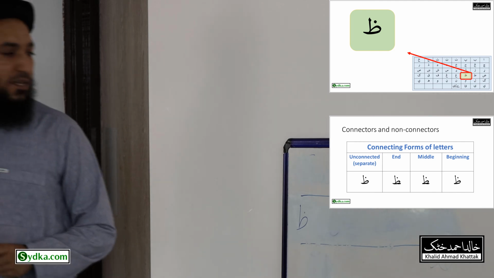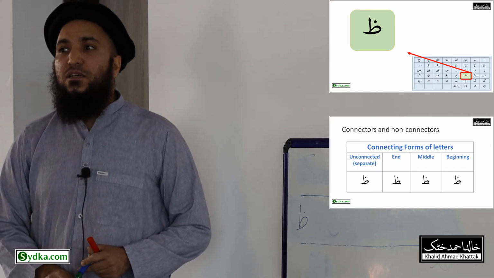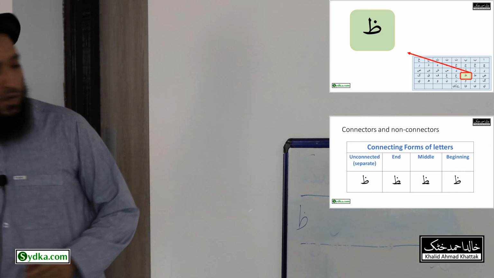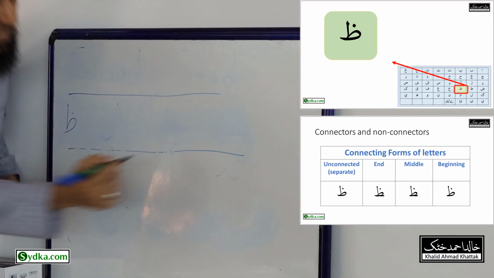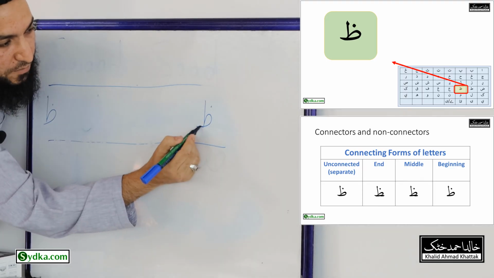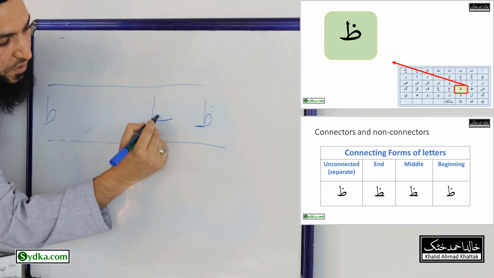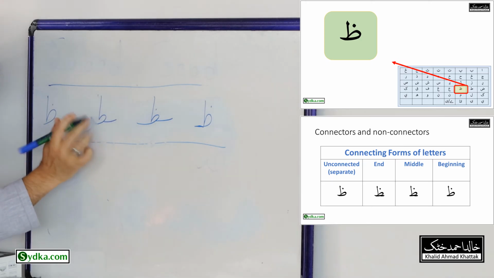No. Zway in Arabic? Zwa. Okay. Is it connector or non-connector? Connector. Okay. In the beginning it looks like this. You extend this one. And in the middle it looks like this, and at the end it looks like this.